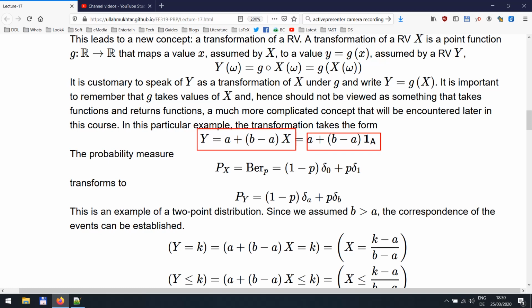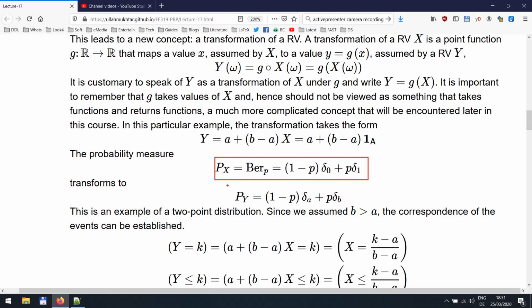Now, if you look at our probability measure, you remember that our probability measure for the Bernoulli random variable was a weighted sum of two Dirac measures. One looks at 0, one looks at 1. If we follow that reasoning, we don't need to prove that again, because we have everything ready.